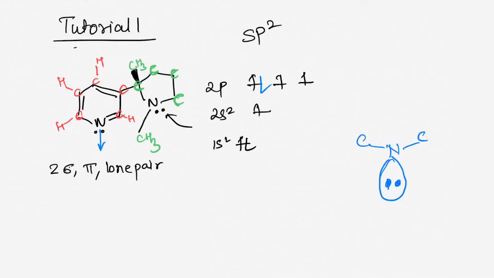So, this is sp2, this is sp2 hybridized, and the lone pair is in sp2 hybridization, and the carbon nitrogen pi bond takes place because of the electron in the p orbital that does not hybridize from each of the nitrogen and carbon.